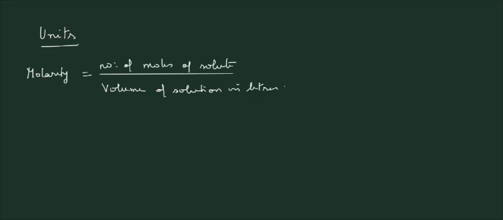Now, the units of these terms. The first term was molarity, which is number of moles of solute by volume of solution in liters. So in the numerator you have moles and in the denominator liter, so it is moles per liter. Next is molality.